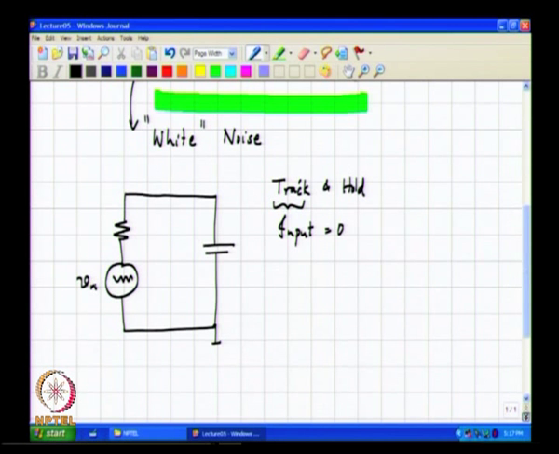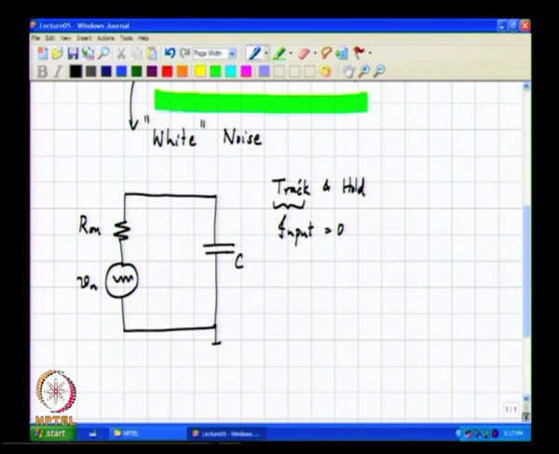Vn represents the, what does Vn represent? Noise of the resistor, correct.